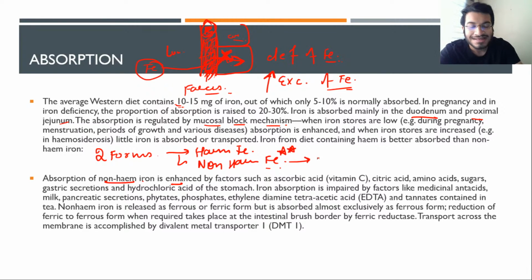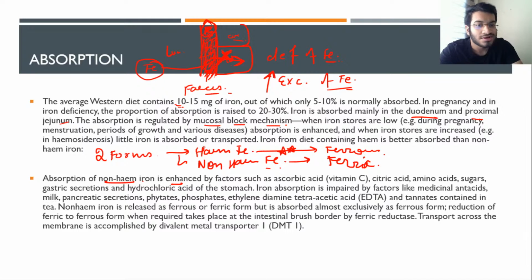And non-heme iron easily absorbed नहीं होता, इसको पहले convert होना पड़ता है, right, to the ferrous form. So this is ferric form iron, and this is ferrous form iron. So our body needs ferrous form of iron.